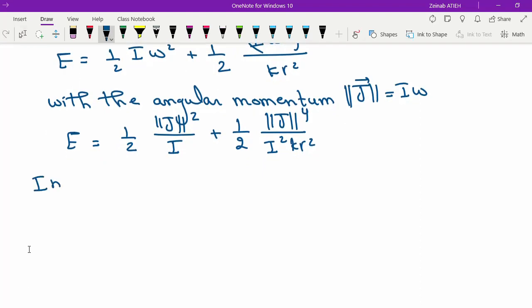In quantum mechanics, so we're going now from classical mechanics to quantum mechanics.